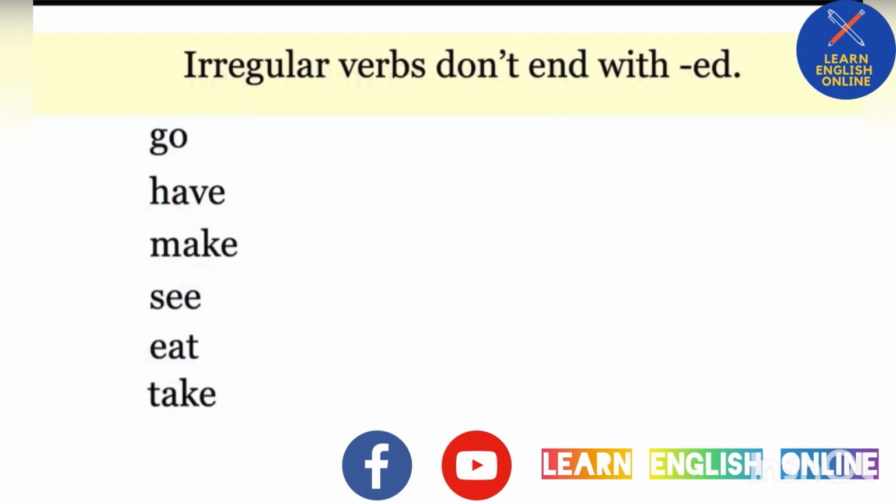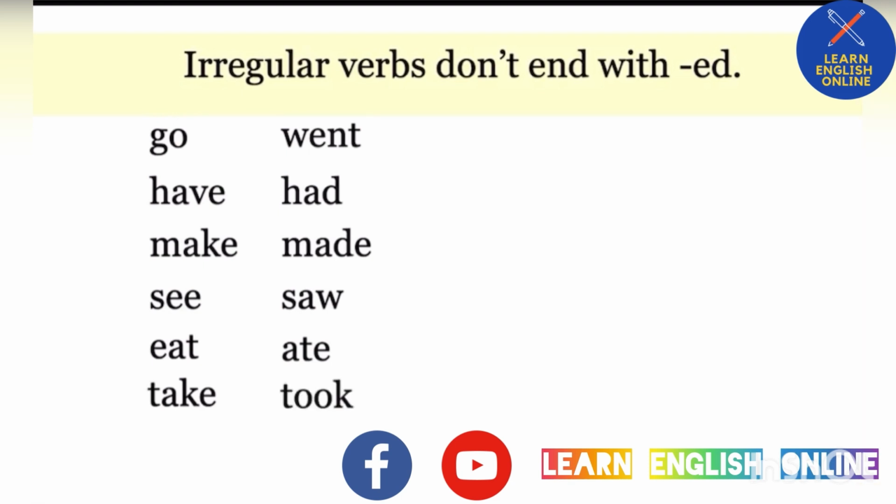Irregular verbs don't end with -ed. Here are some examples: go, went; have, had; make, made; see, saw; eat, ate; take, took.